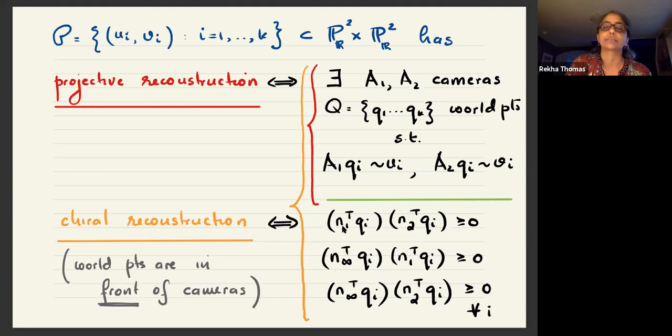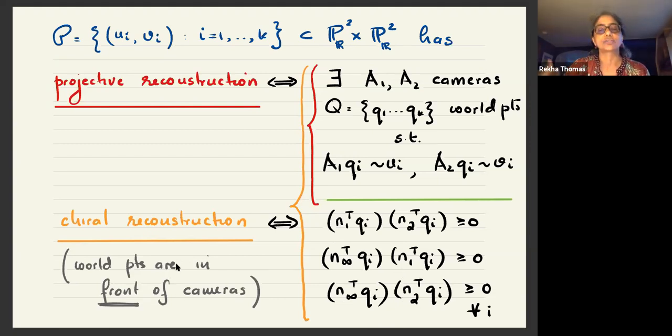So N1 is the principal ray of camera 1, N2 is the principal ray of camera 2, and I need to satisfy these quadratic inequalities for every QI, and also some more inequalities where N infinity is the normal of the plane at infinity. Okay, so the plane at infinity in P3, we assume we fix its normal to be just 0, 0, 0, 1, the fourth unit vector. And so there's all these inequalities that need to get satisfied to actually get a chiral reconstruction.